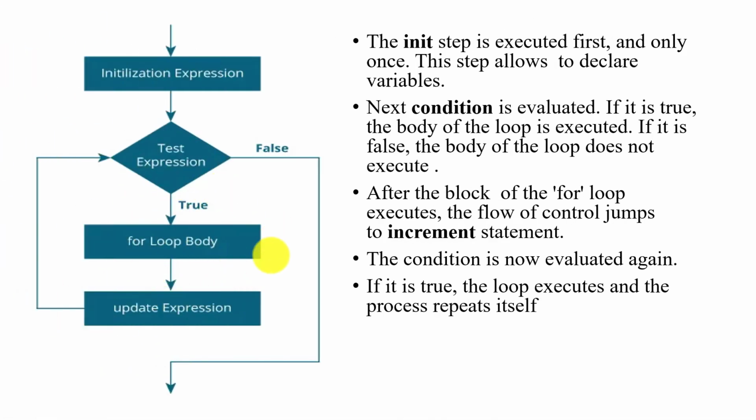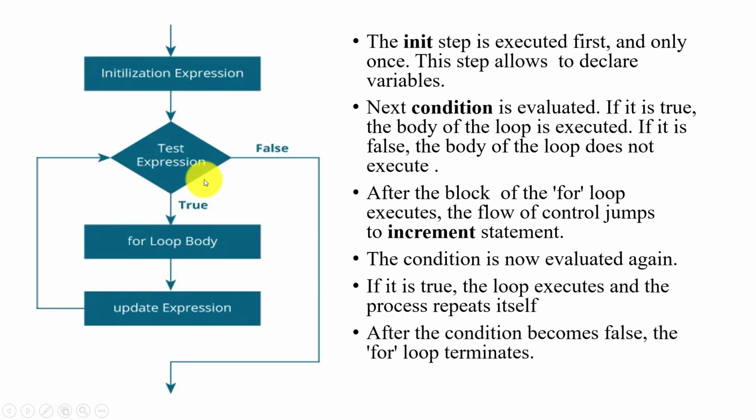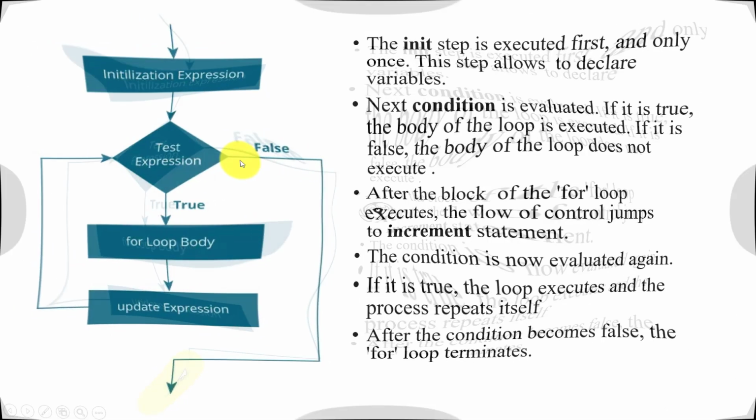So this loop repeats itself, but only the initialization part is executed once, and this part is not inside the loop. Now when the condition becomes false, the loop terminates.